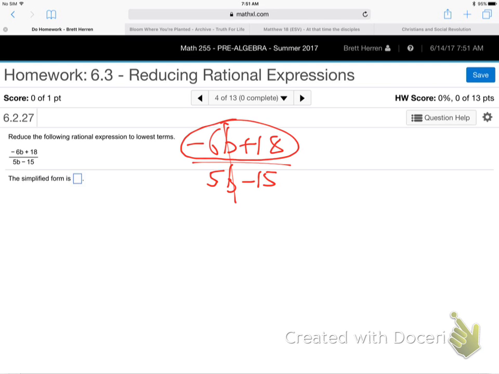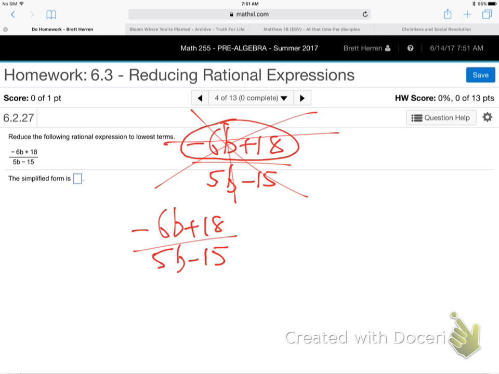I'm stuck together, which means you buy the whole package or none of it, right? All or nothing on that. So minus 6b plus 18 over 5b minus 15. So try it again. You can't do that. That's a no-no. So instead, how do we get around the glue problem? How do we get around that issue? We factor, don't we? That's why we factor.